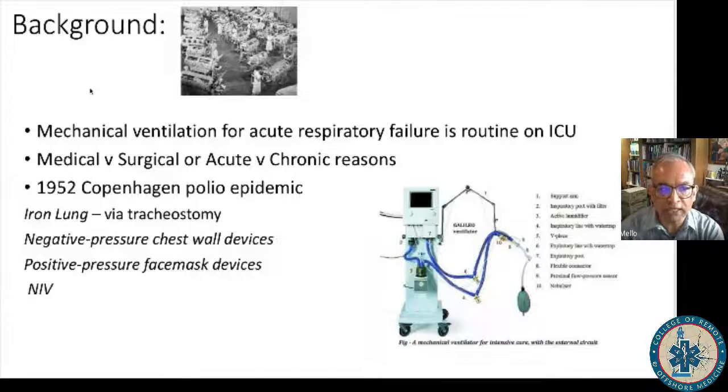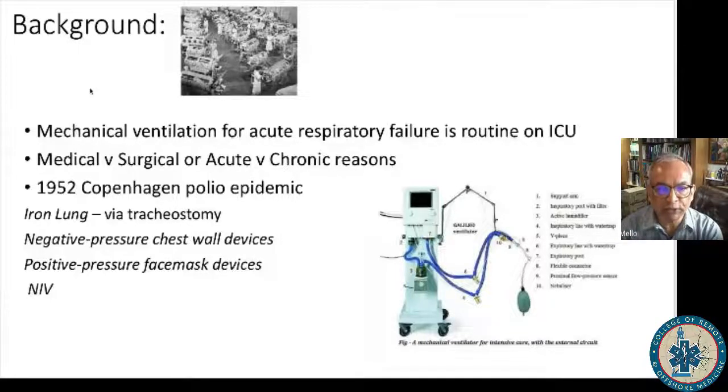Historically, it was the 1952 Copenhagen polio epidemic that started the use of ventilation. Initially through the iron lung via tracheostomy, or more commonly, certainly in the early phases of the epidemic, medical students were using bag valve masks to ventilate patients.